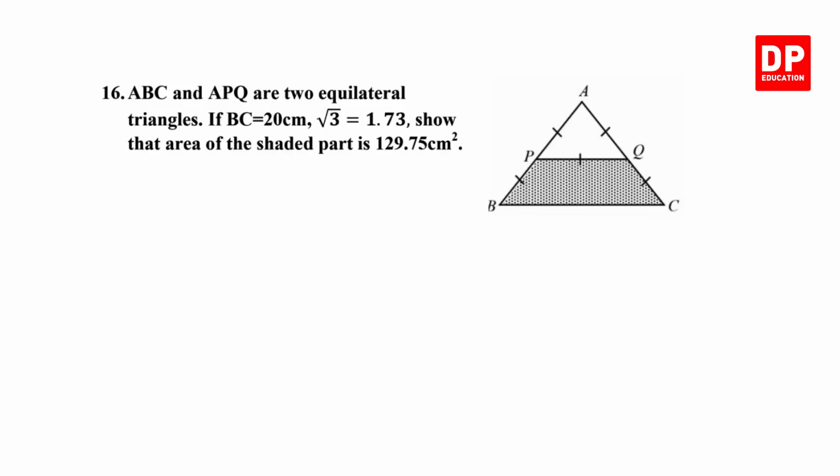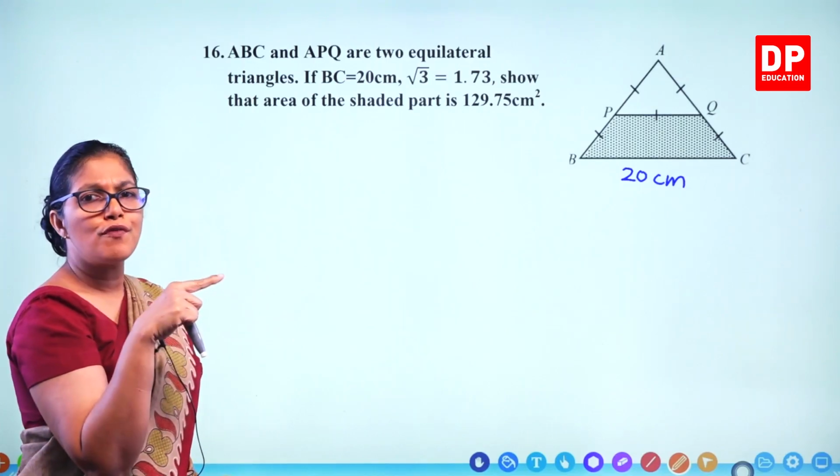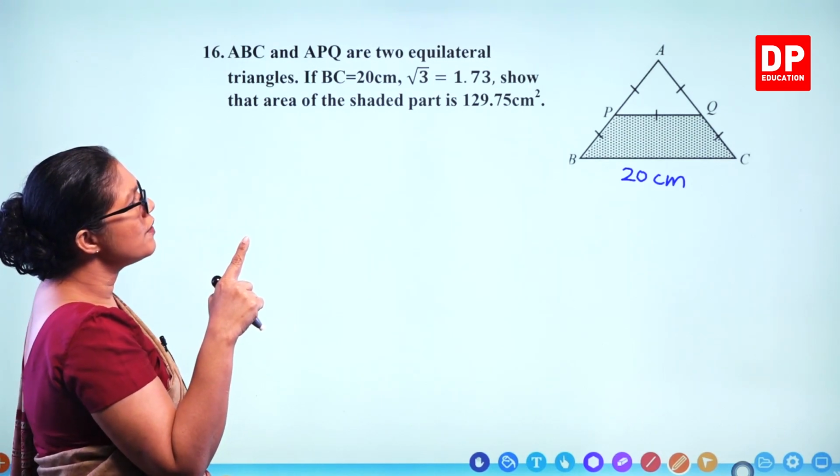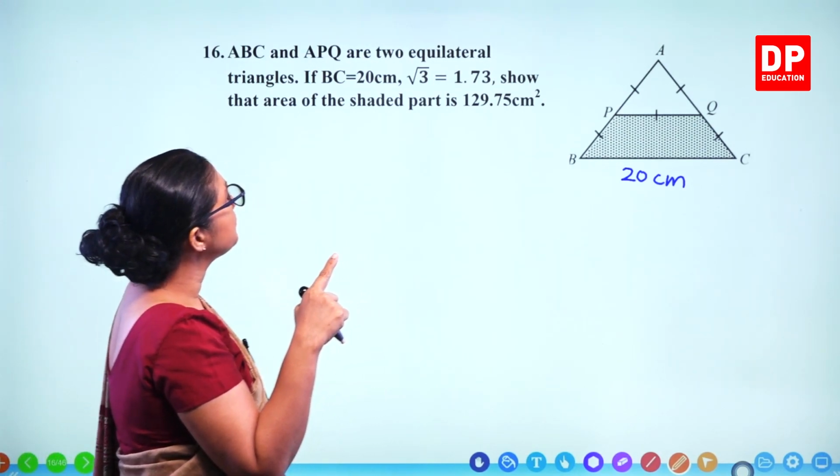Question number 16. ABC and APQ are 2 equilateral triangles. If BC equals 20 centimeters and root 3 is 1.73, show that area of the shaded part is this. So how do you find out the area of the shaded part? Area of the full one minus area of the APQ triangle.